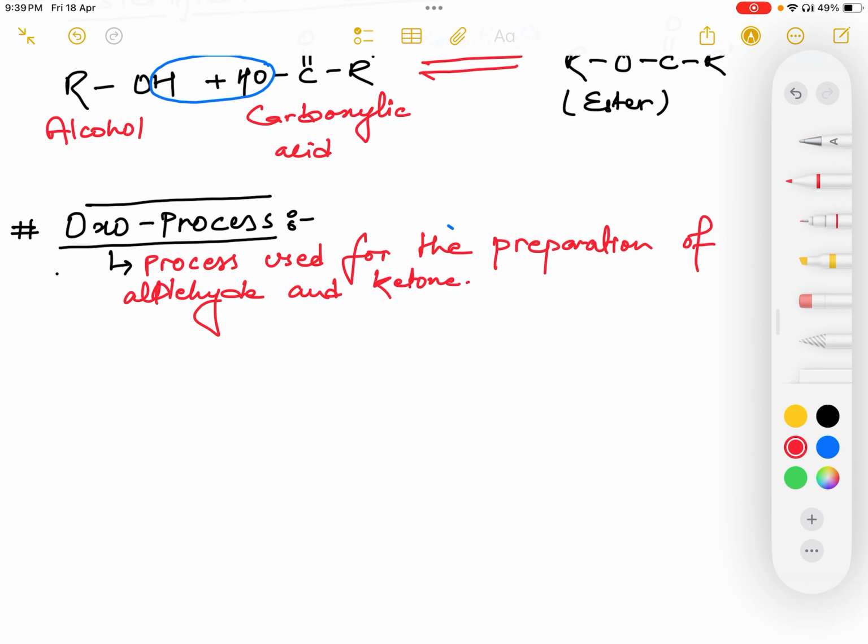How? By using alkene. You need alkene and you need to treat it with carbon monoxide, CO, and hydrogen gas. So when alkene is being treated with carbon monoxide and hydrogen in the presence of cobalt tetracarbonyl, it generally will give you an aldehyde under high temperature and pressure. That's also the necessary condition for this.